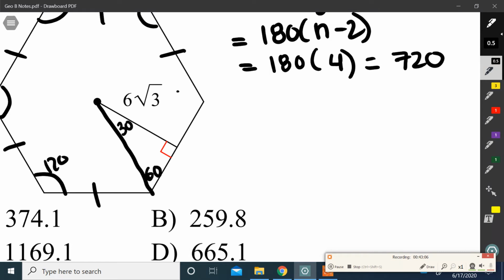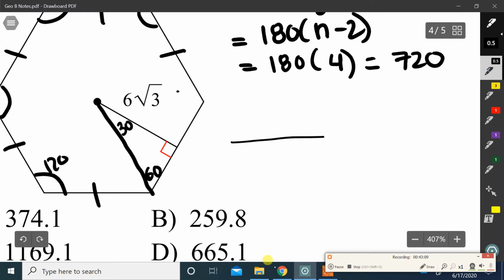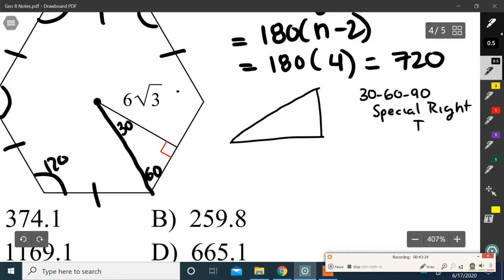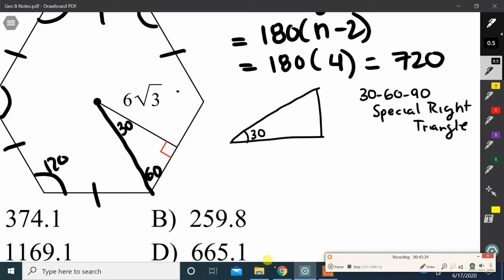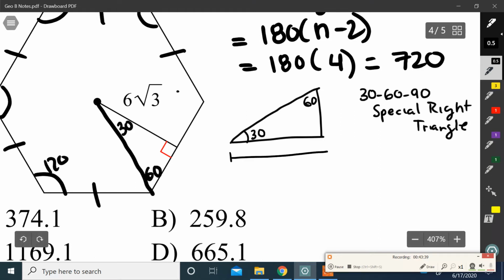Now, using special right triangles, remember, 30, 60, 90 special right triangle. Okay, identify what you have. This is 30. This right here will be 60.